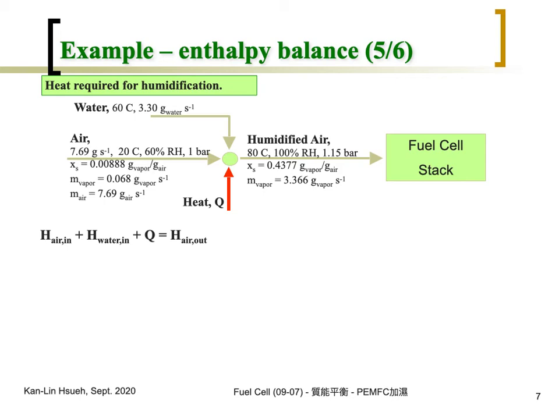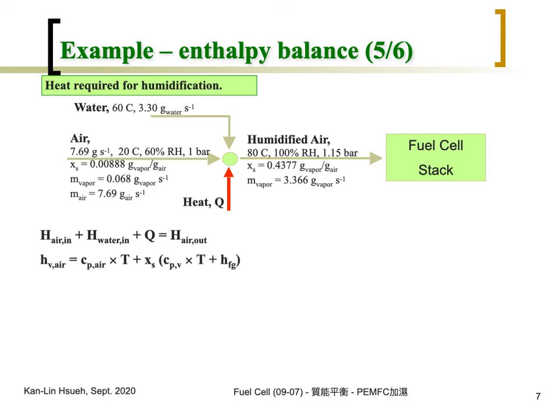The energy input is the dry air inlet, and then the water inlet, and then the heat input Q, and that equals the enthalpy outlet, the humidified air. So we have to calculate each enthalpy, H air in and H water in, and then the H air out. Then we can calculate Q from this.